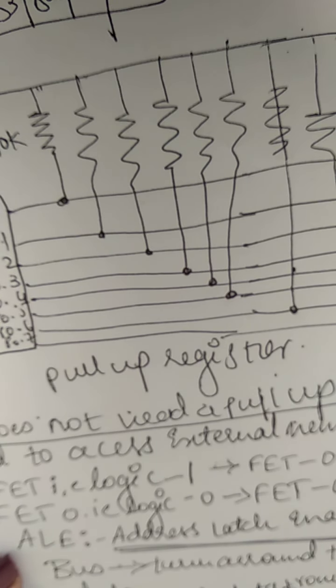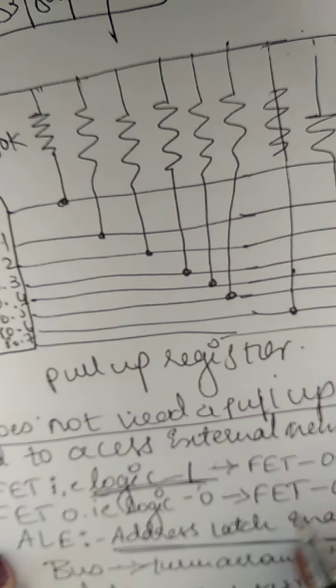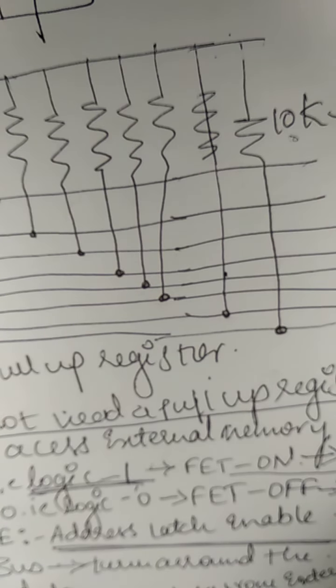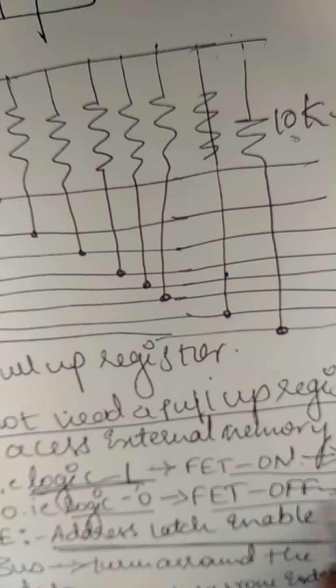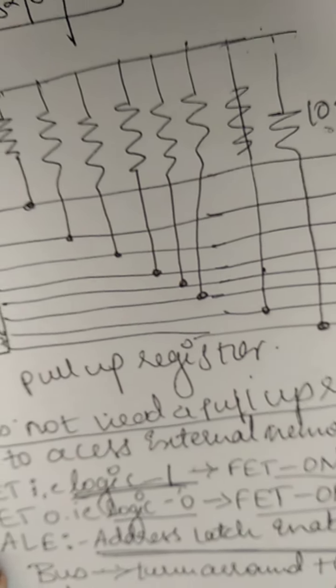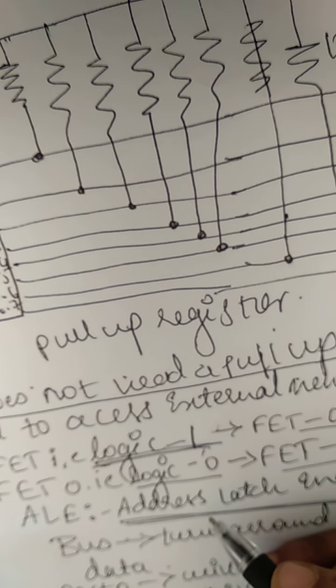When the logic gate is 1, the upper FET is on. When the logic is 0, the lower FET is off. Next, it will form the address and it will be latched into the external circuits.